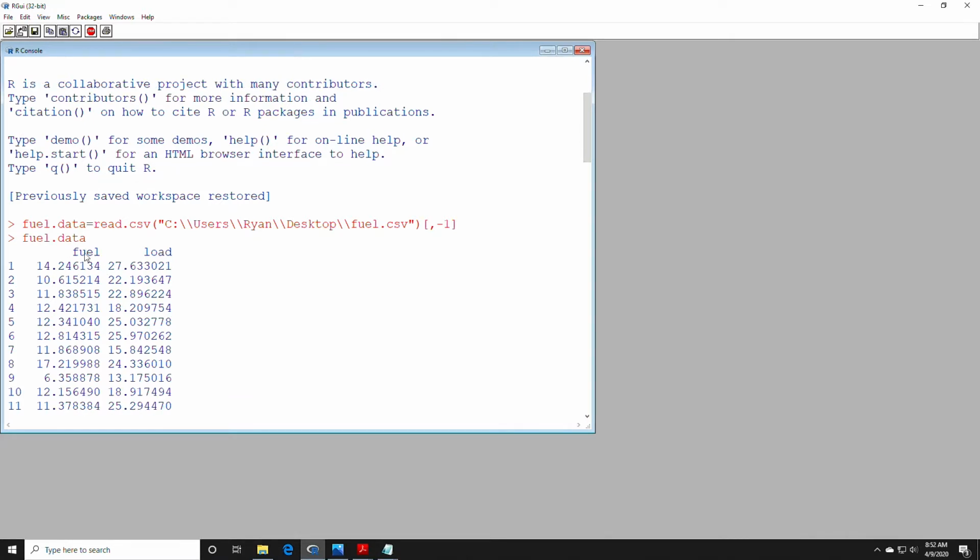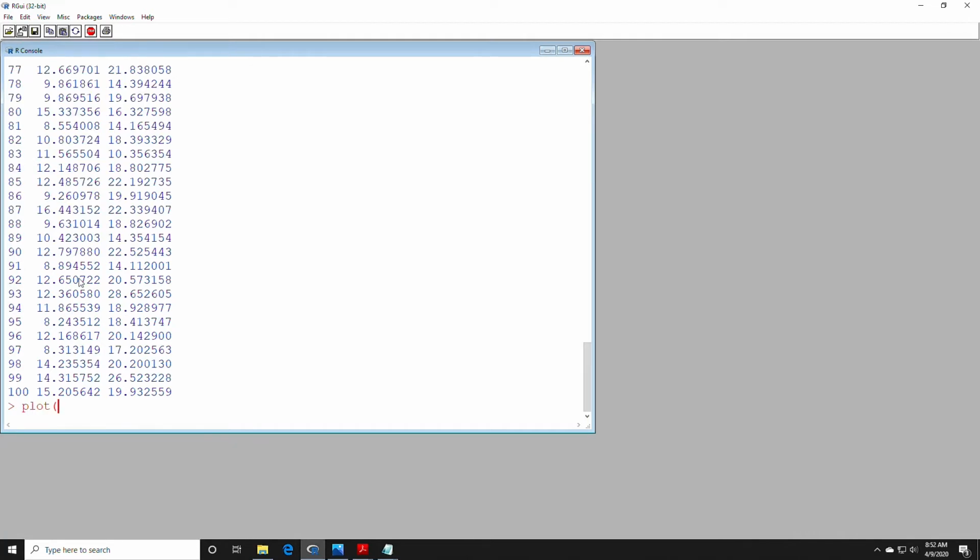This column labeled fuel is my fuel consumption, and this column labeled load is my load weight, right? So this is X and this is Y. And the first thing that it wanted was a scatter plot. So the plot function, you put X first and then Y. So the first thing I have to do in order to make my life easier is attach the data set, and it's called fuel.data.